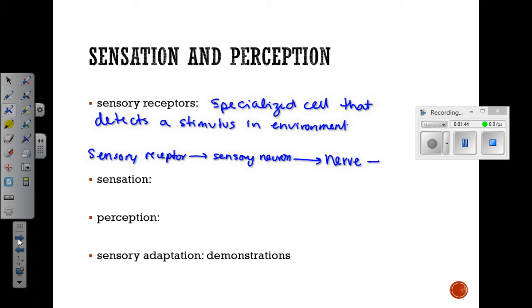And this nerve is going to go somewhere in your central nervous system. Now, the pathway would continue if it was a reflex arc, but we're going to talk about perception, not just automatic reflexes. So now, where we go in the central nervous system will be a little bit different, and it'll change depending on the sense that we're talking about. So I'm just going to end the pathway there for now, and when we talk about each of the senses, I'll tell you where it's going.